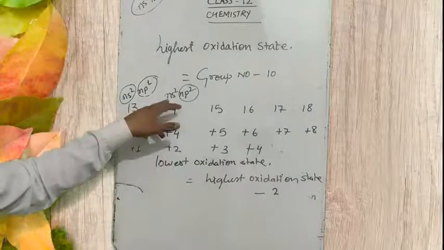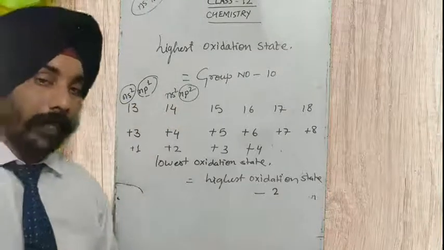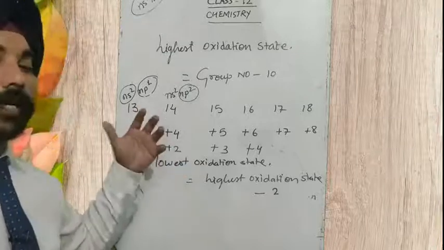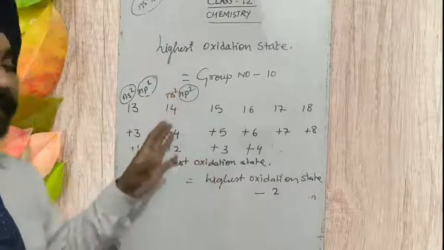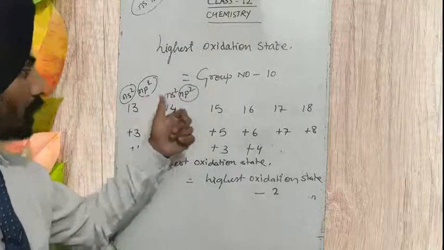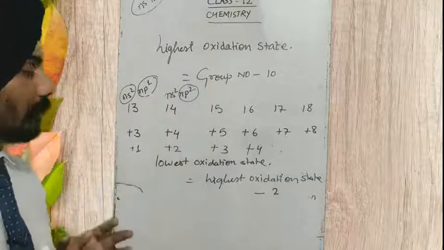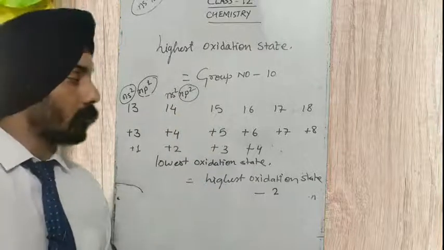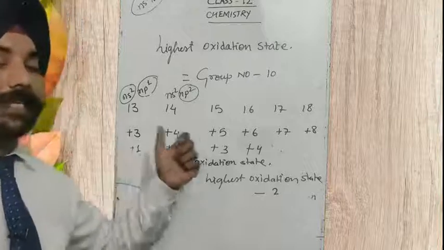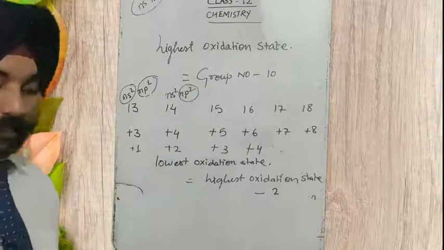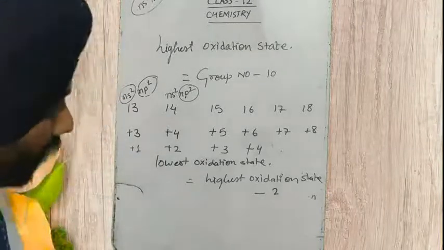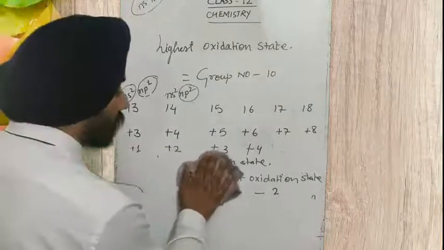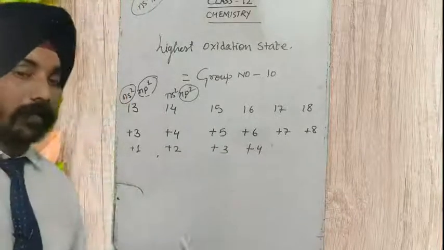So when ns electrons are not taking part in bonding, we see the oxidation state as per the number of electrons present in the p subshell of the outermost shell. That decides the lower oxidation state. A very simple thing we have to discuss here is the inert pair effect.